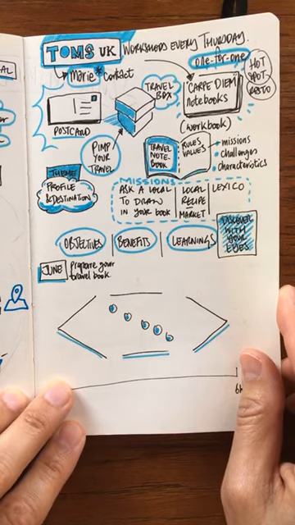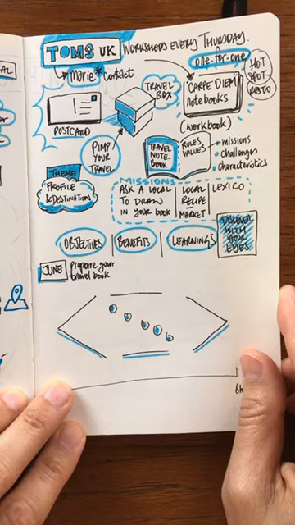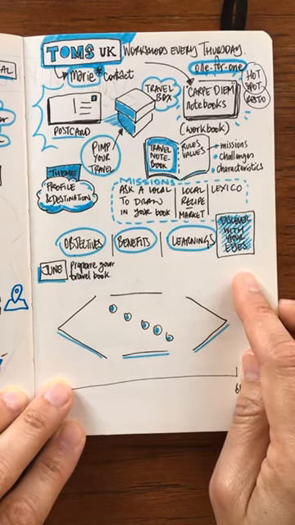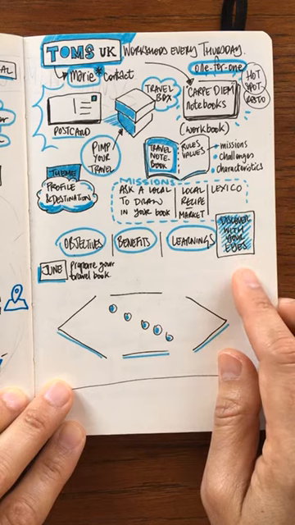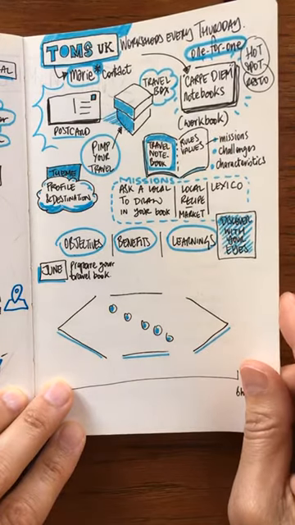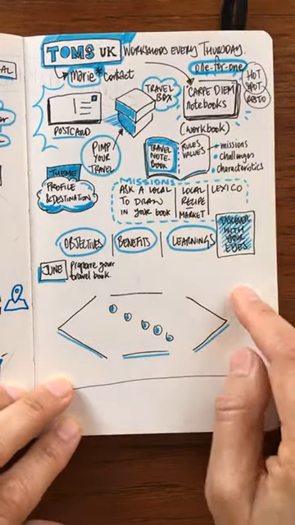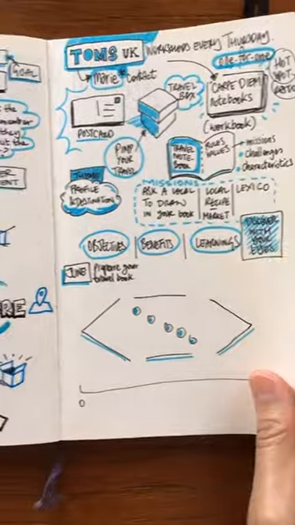Okay, and here are some takeaways from Tom's UK. I was at a festival all about traveling and adventure. And here I think Tom's gave a talk about what they do, and they were also running a workshop. That's right.